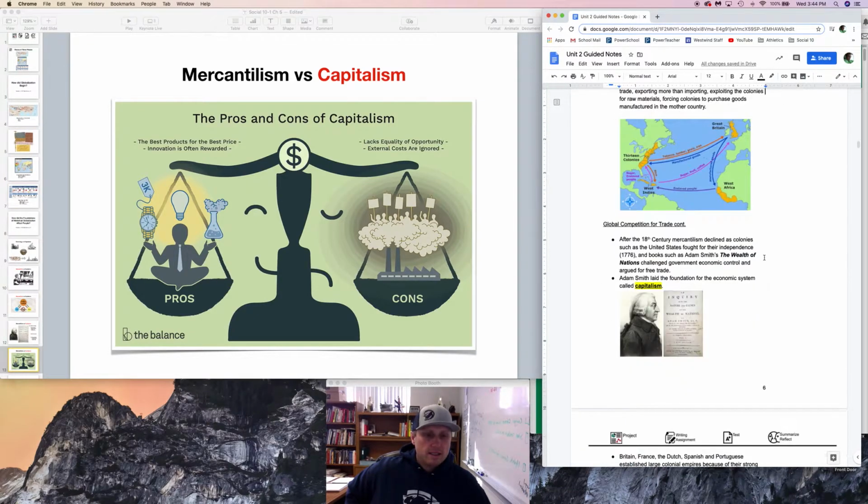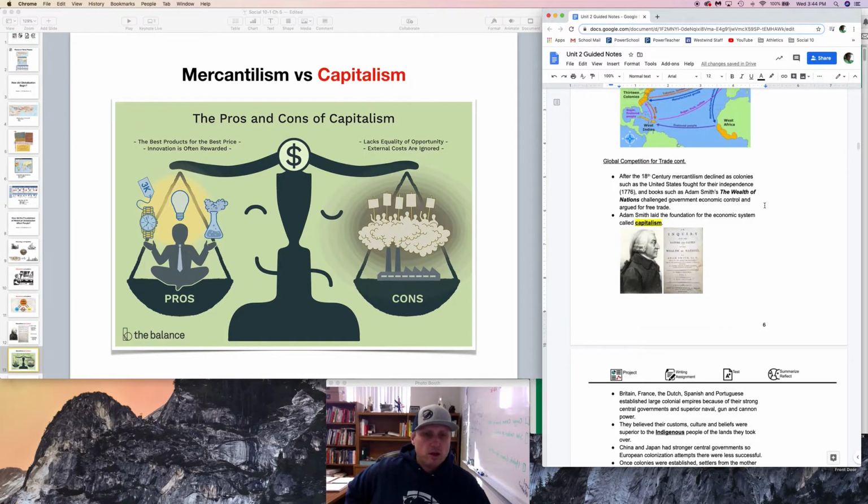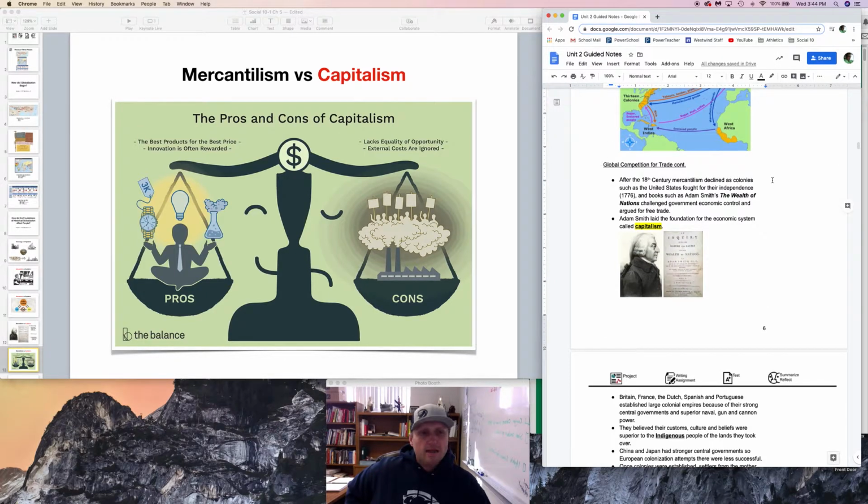So on this page, I would list some of those pros and cons here, where you have things like lots of innovation, lots of productivity, high degree of independence. Those are all good things. Some of the bad things, lots of people are neglected. If you can't provide a skill, then you're just out of luck. Some of the environment concerns are neglected. So we take resources just because they're there, and we don't really care about what's going on.